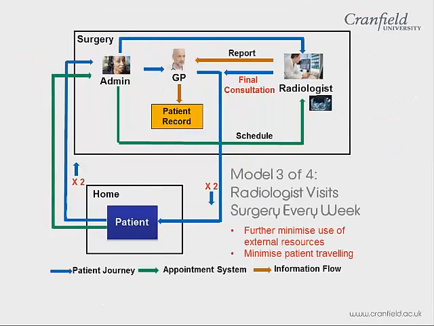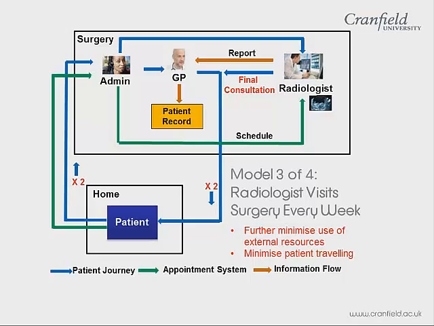The third business model is the radiologist visits the surgery every week. So here it is assumed that the GP can do the scanning, but the radiologist will decide what the results are. So you can see here that the patient will visit the surgery twice.